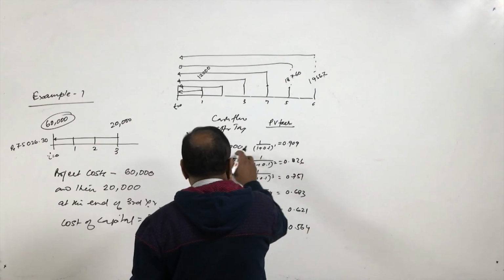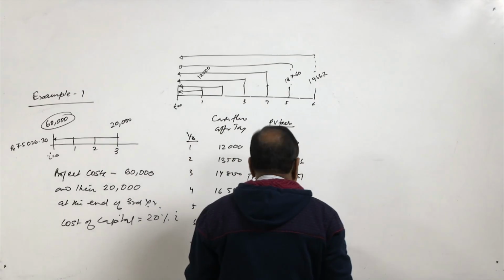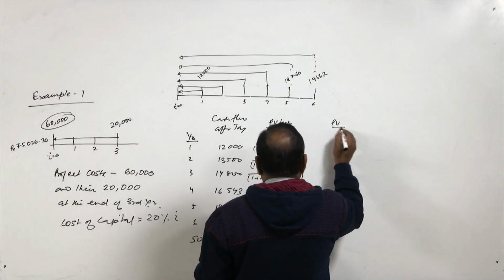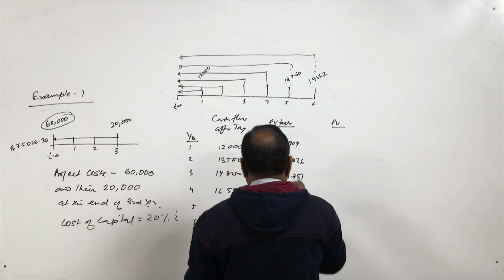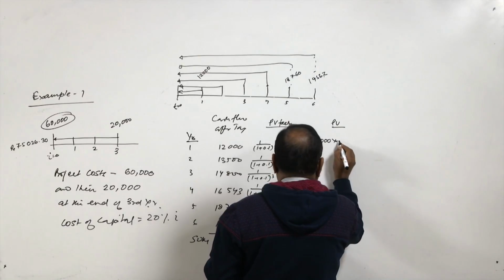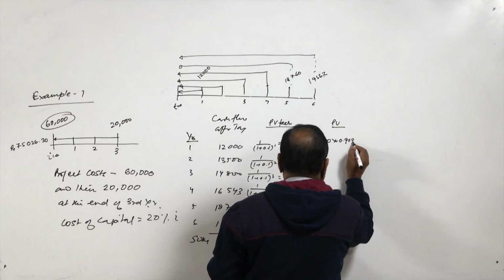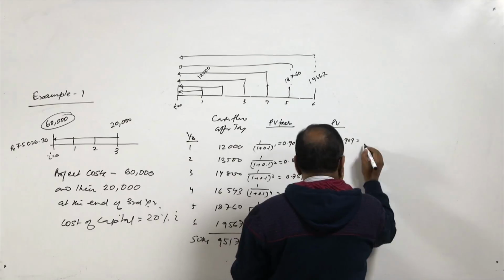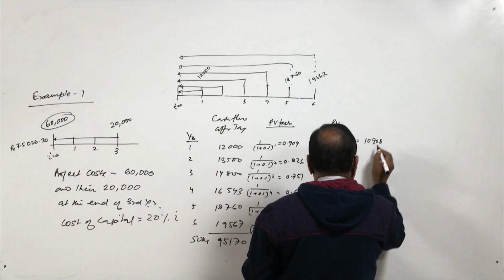And if I multiply this with this, my present value of this value is 12,000 multiplied by 0.909, this comes out to be 10,908.